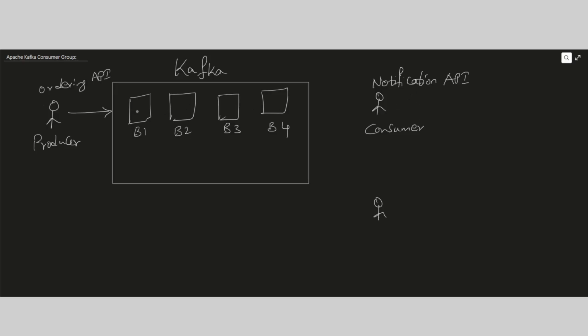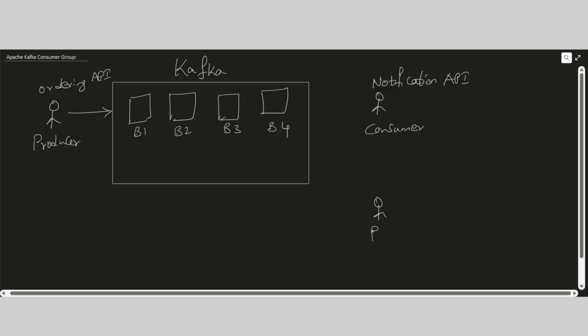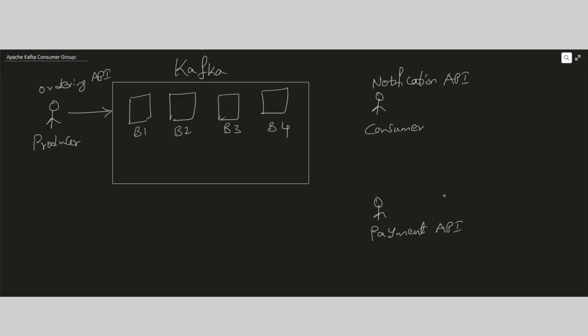So for every order created, this API will read that message and send an SMS and email to the customer saying your order has been placed successfully. The other one can be the payment API. For every order placed, it will take care of the payment. Let's consider these two applications need the order placed event so that they can act accordingly.